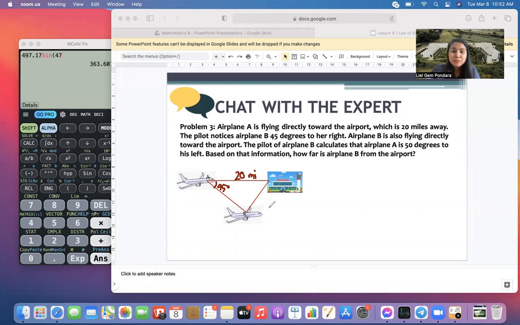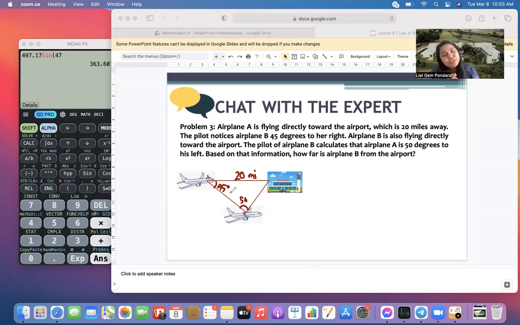Airplane B is also flying directly toward the airport. The pilot of airplane B calculates that airplane A is 50 degrees to his left. Based on the information, how far is airplane B from the airport?